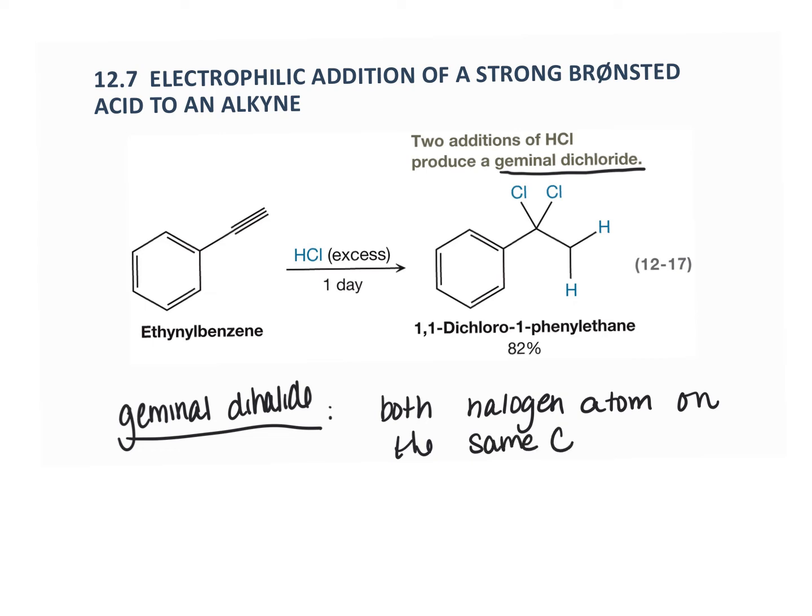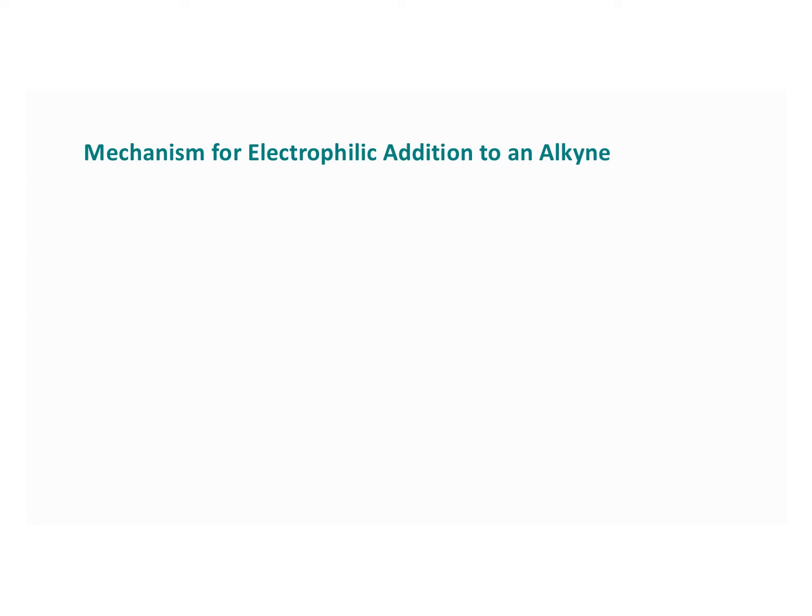Okay, so both of those are on the same carbon. So that's a new vocabulary word that you need to know, because that'll come up again. Let's look at the mechanism for this. So this is the electrophilic addition of an alkyne.